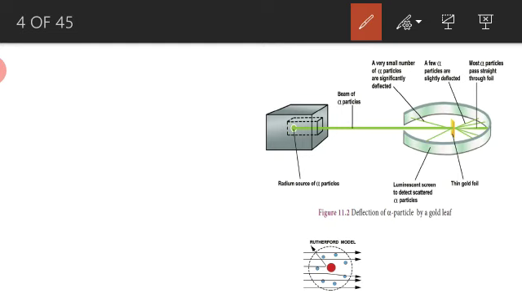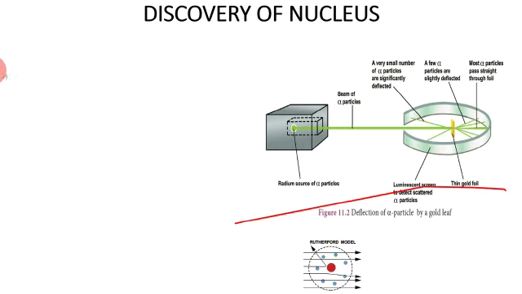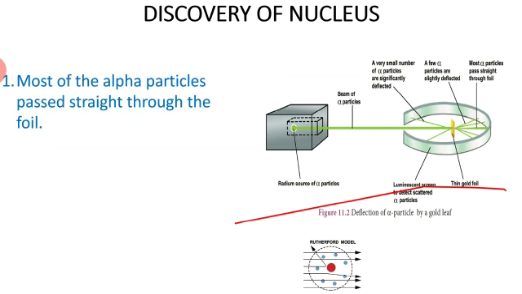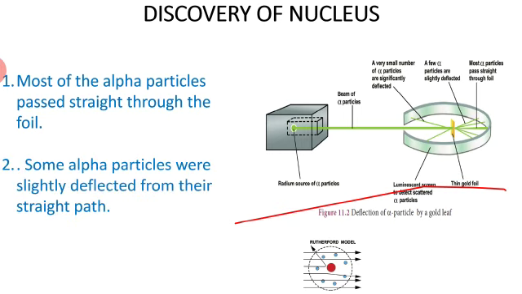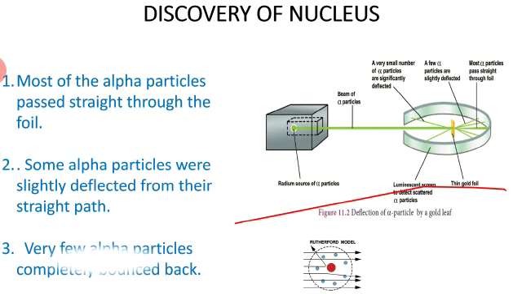So he observed that most of the alpha particles passed straight through the foil. Some alpha particles were slightly deflected from their straight path. Very few alpha particles completely bounced back.